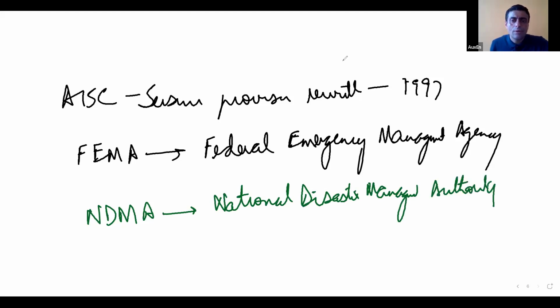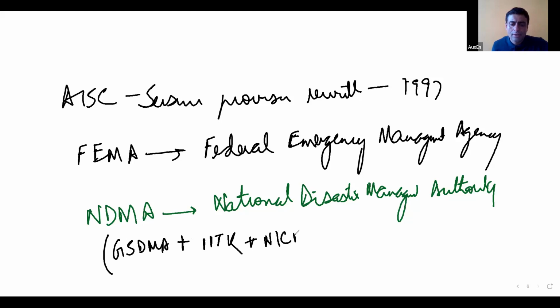And just on a side note, after the Gujarat earthquake, a lot of work put into revising the earthquake codes was done by the GSDMA, Gujarat State Disaster Management Authority, in association largely with IIT Kanpur and also NICEE. So NIC double E or triple E?